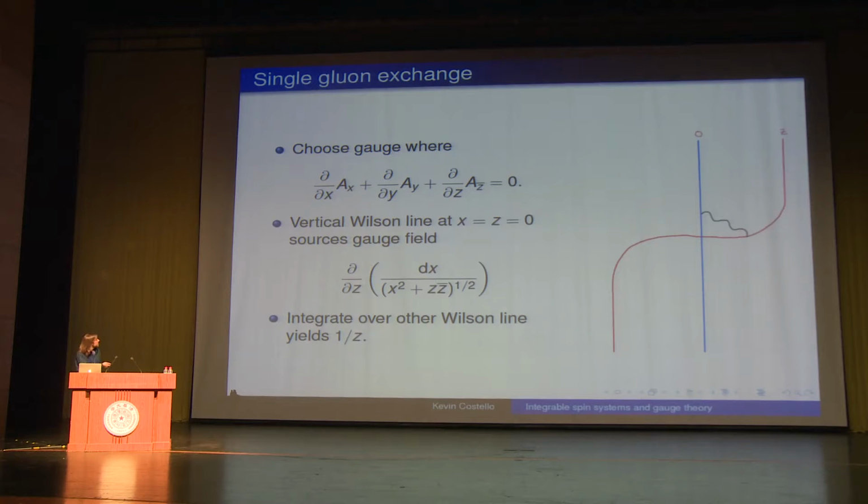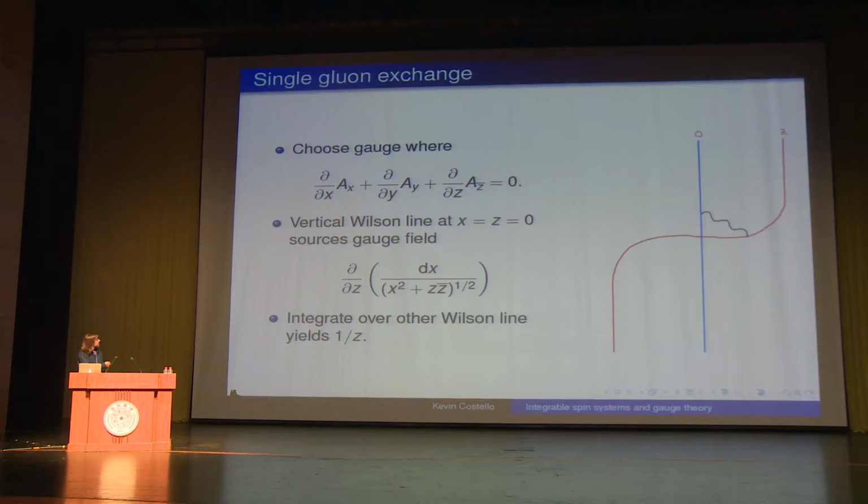If you were doing ordinary Yang-Mills theory, this would be electrostatics, and there would be one over R decay. Here, because it's a first-order theory, there's an extra derivative of z, so we find the gauge field it sources looks like this.